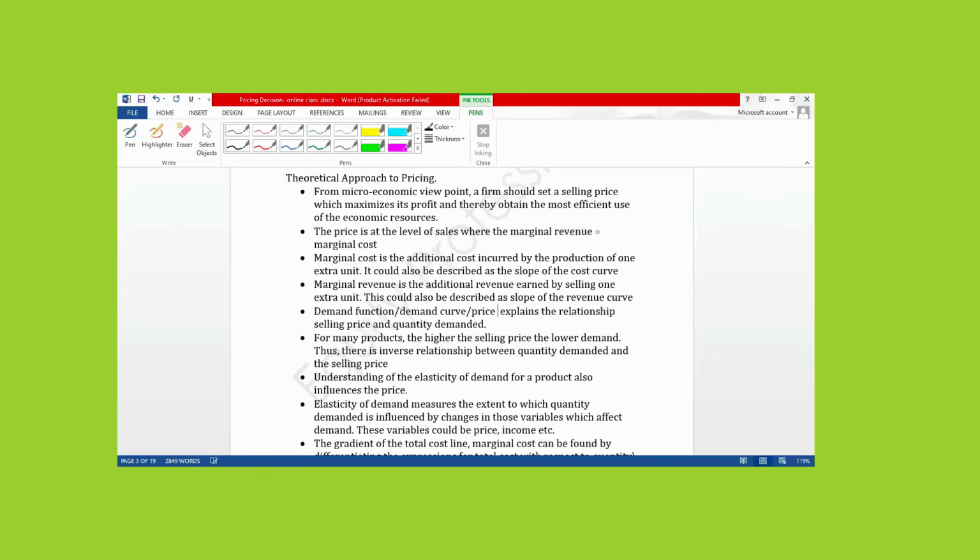Your demand function explains the relationship between selling price and quantity demanded.